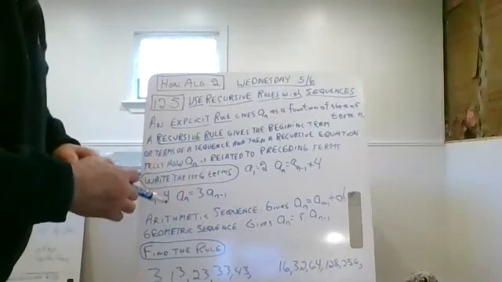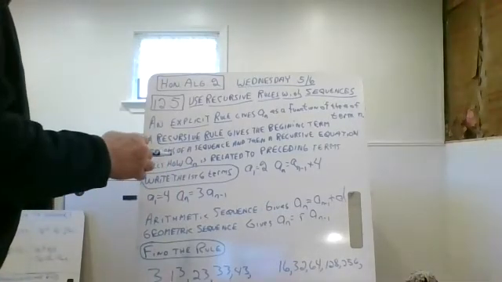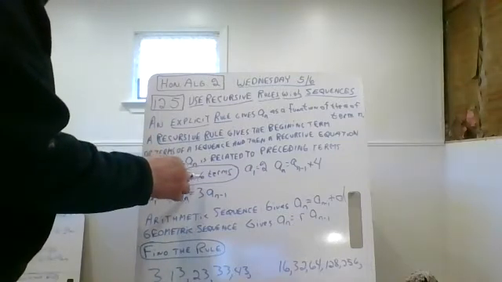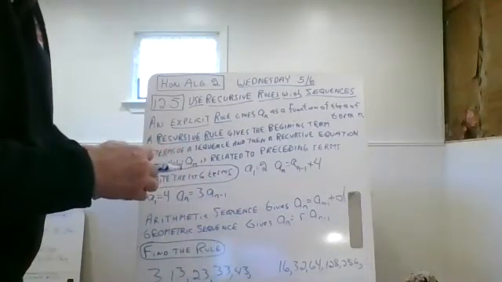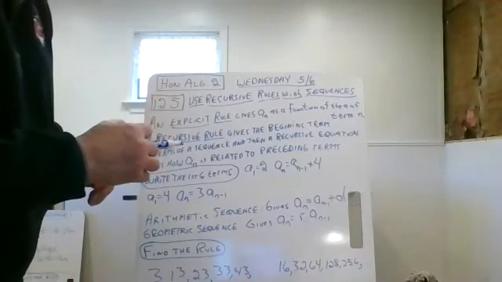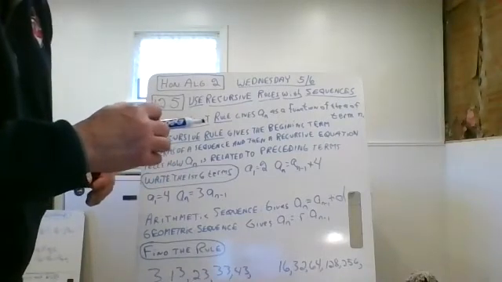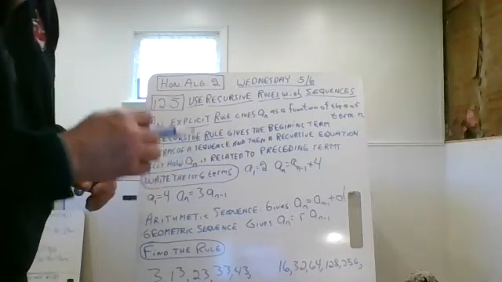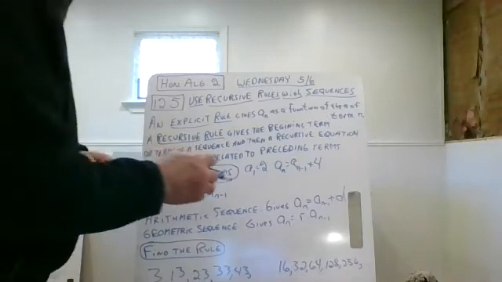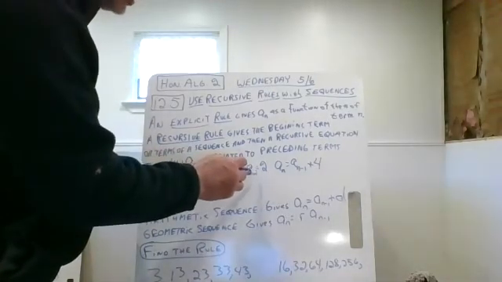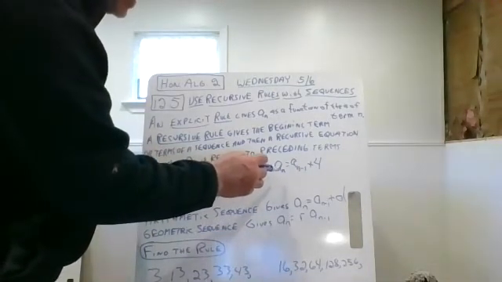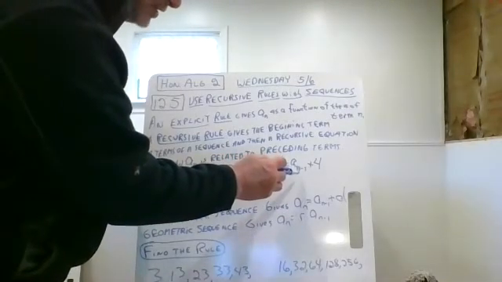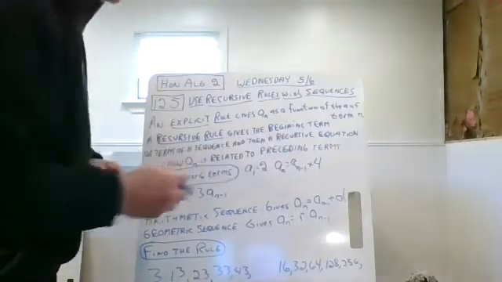Okay, now, first thing we're going to do here, write the first 6 terms of the following recursion rules. This time I'm giving you the a sub n rule and you're writing the sequence. So a sub 1 is 2 and a sub n is a sub n minus 1 plus 4.